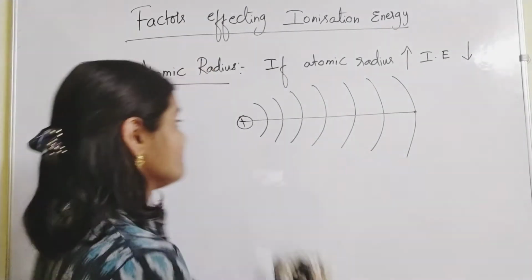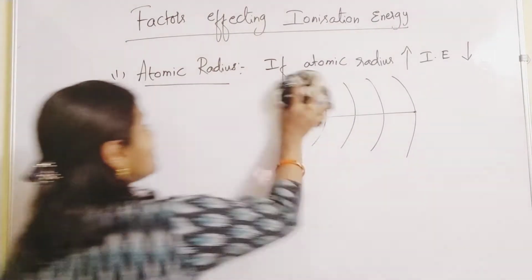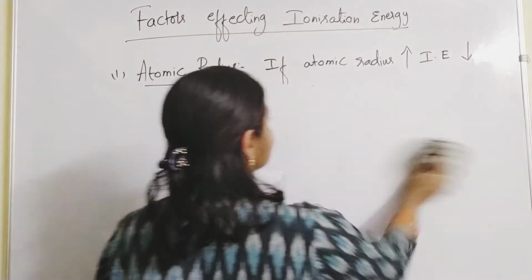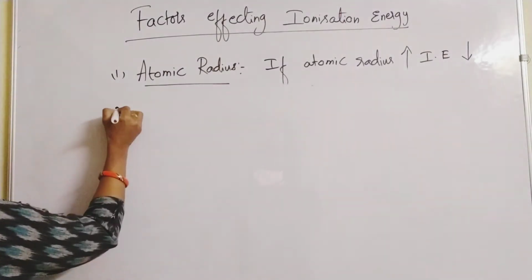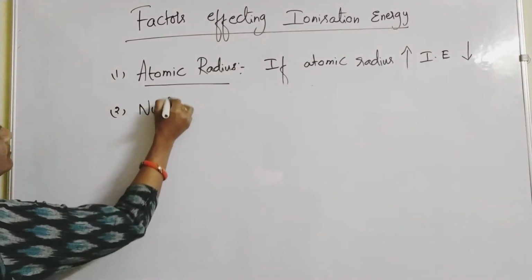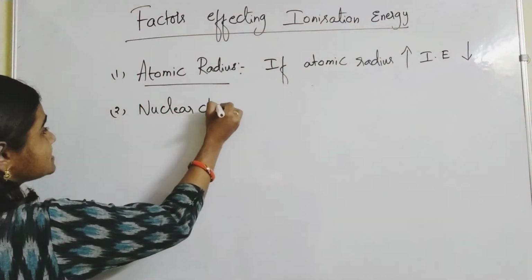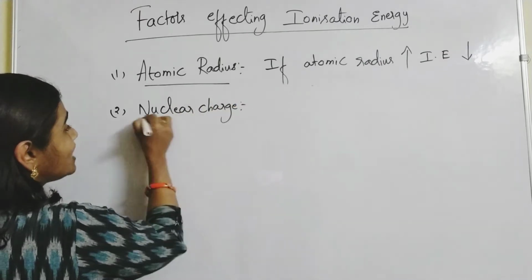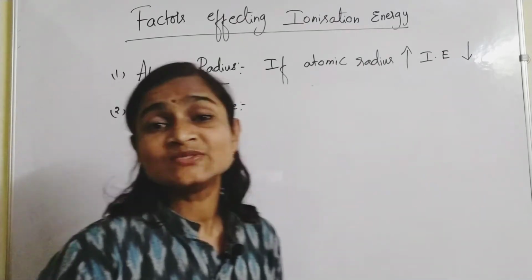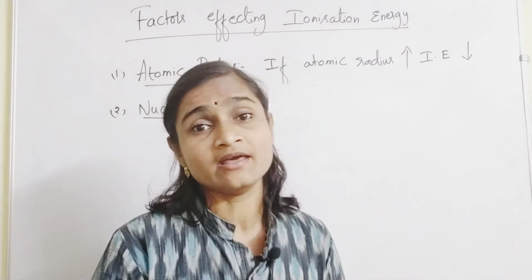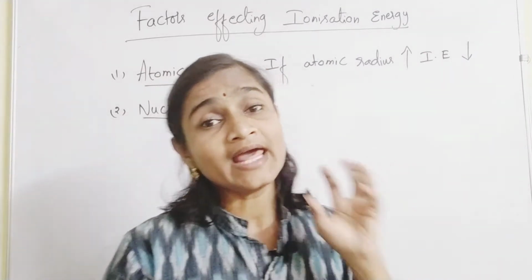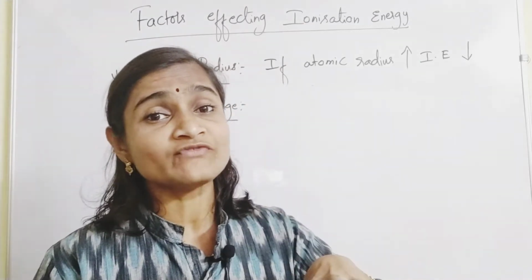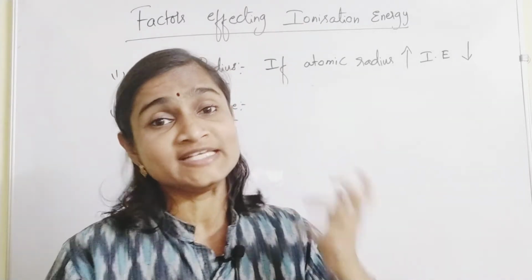Now the second one is nuclear charge. And in this itself I have told. As I just now told you, for small atoms, if the size is very less, nuclear charge will be very high. If nuclear charge is more, then that particular electron will be under the influence of nucleus and it cannot be removed easily.